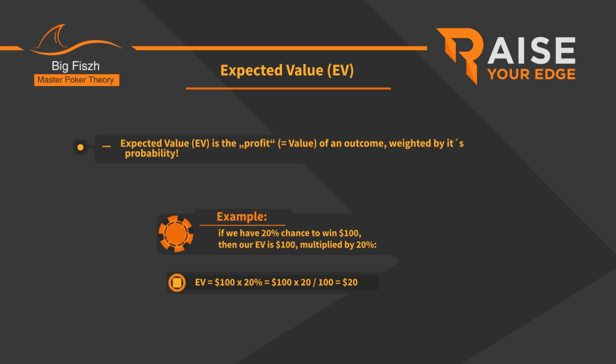If that sounds too theoretical for you, let's try to wrap that into easy words understandable for everyone. Statistically, we will win in 20%, which is every fifth time. At least in theory, but that we will talk about later on. So let's imagine we divide our potential win of $100 into 5 equal pieces of $20 each.